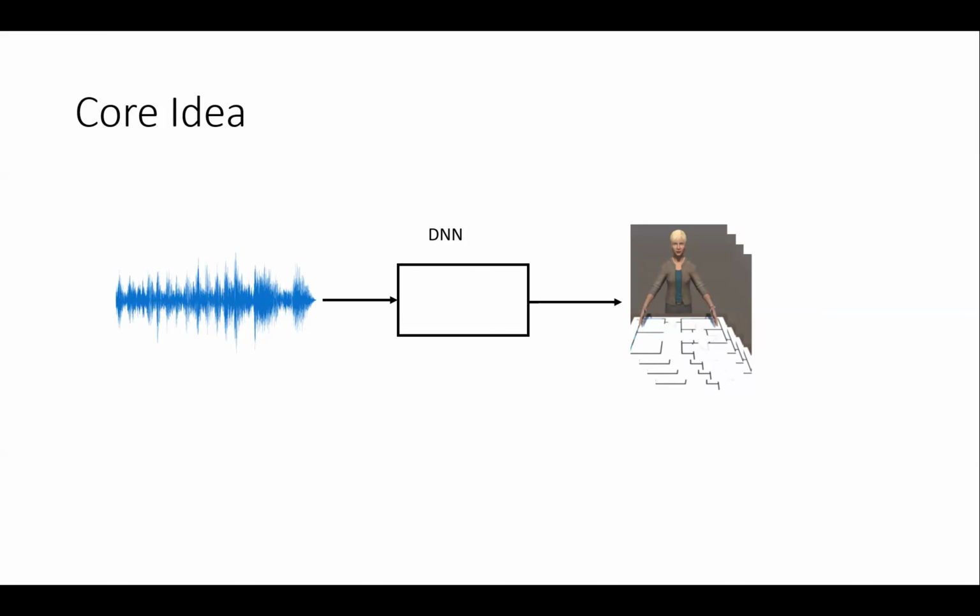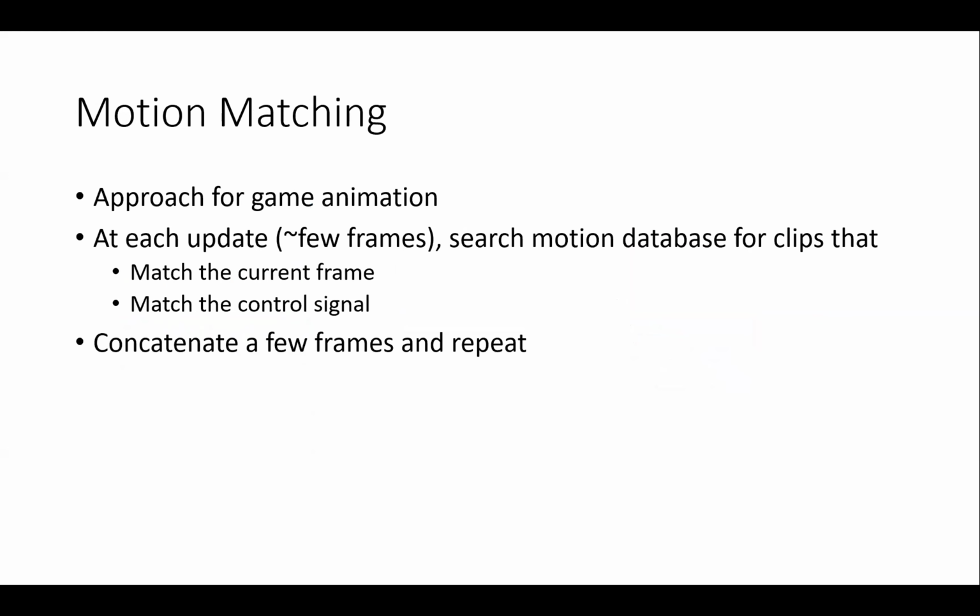Again, we have the same basic architecture, and the idea is to add in a control signal to our input. So just have a richer input representation. And it's based on an idea from video games, the idea of motion matching.